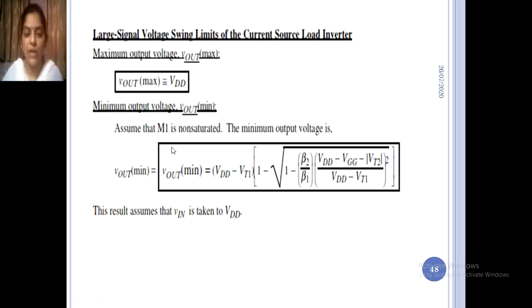Assume that M1 is non-saturated; the minimum output should be Vout min is equal to VDD minus VT times square root of 1 minus beta by beta1, VDD minus VG minus VT, VDD minus VT1.